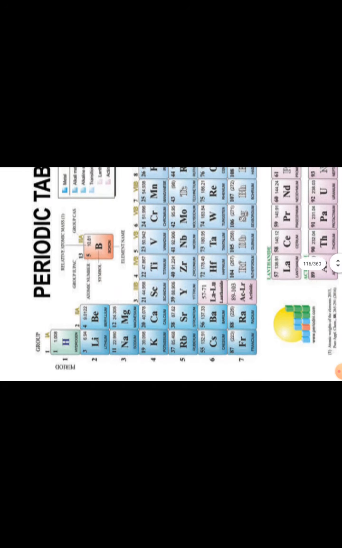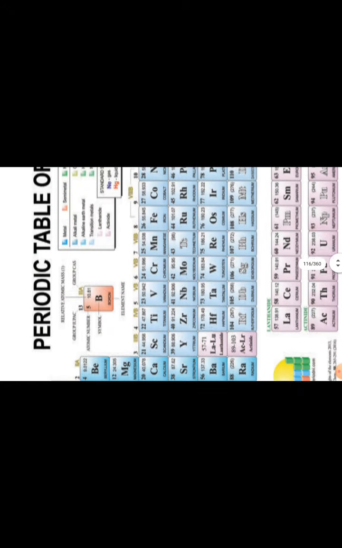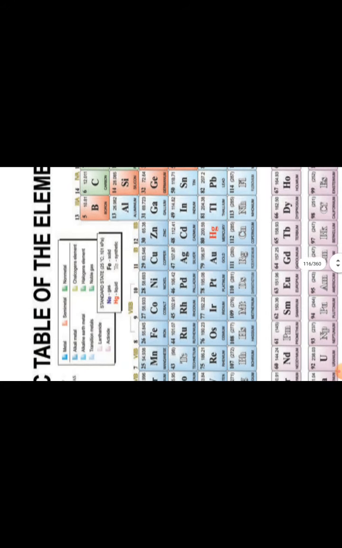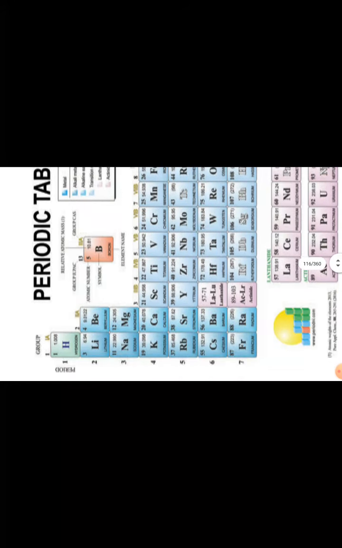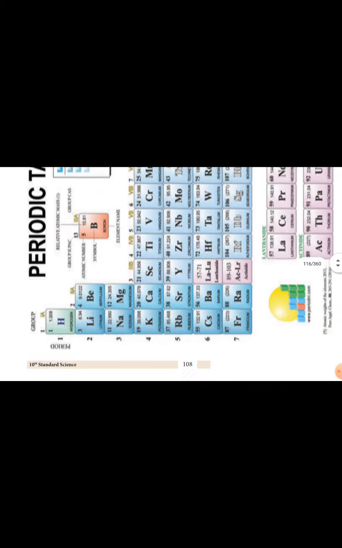When I go from left to right, that is lithium to boron, lithium has atomic number 3, so it contains only 3 protons. But when we go to boron, atomic number 5, the number of protons increases, so more positive charge. It is going to attract the electron cloud towards the nucleus. So what happens? The atomic radius decreases.